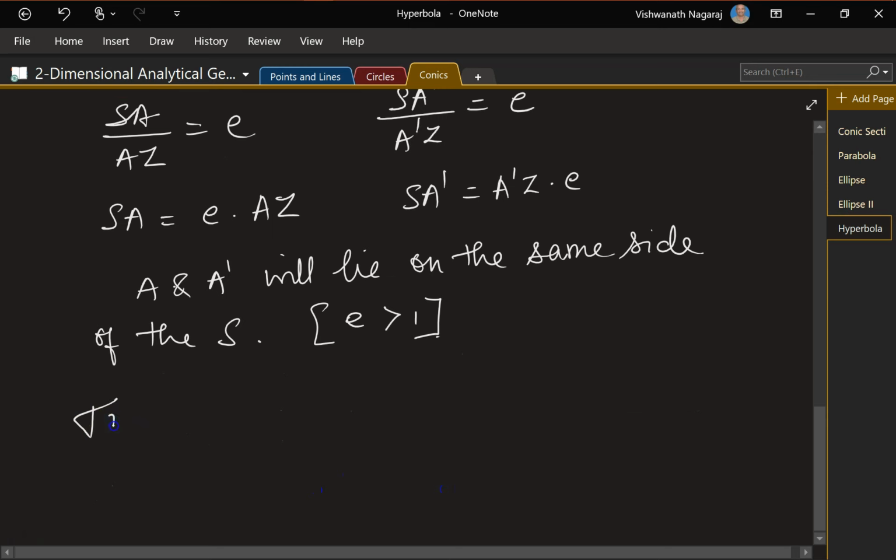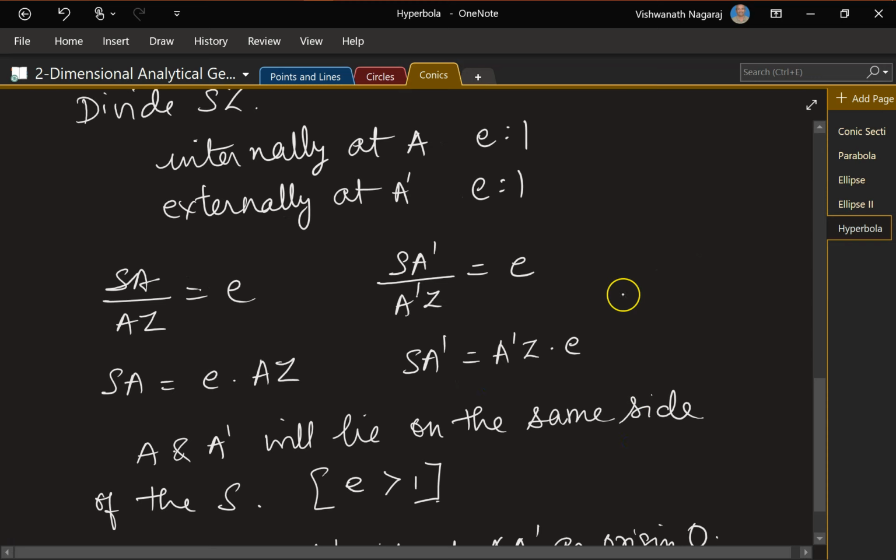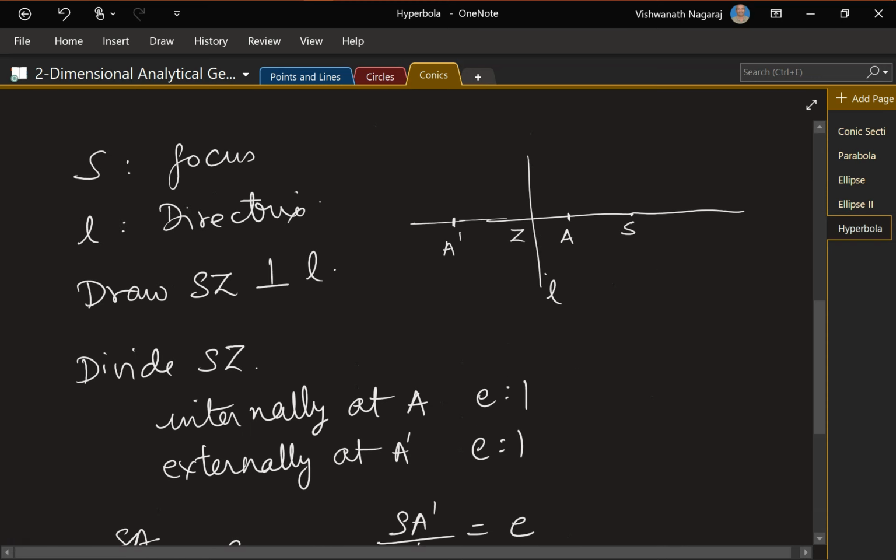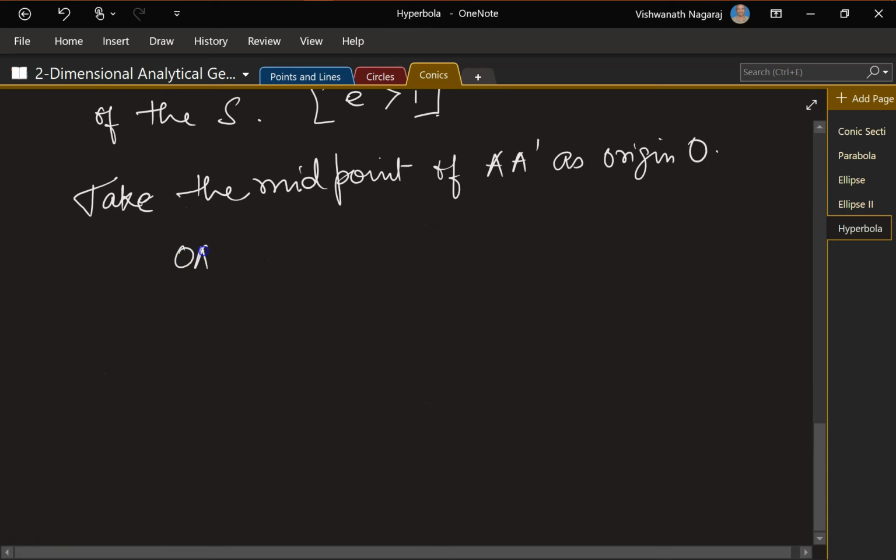Now, take the midpoint of AA prime as origin. So the midpoint will be somewhere here. So this is O. Now let OA equal a.